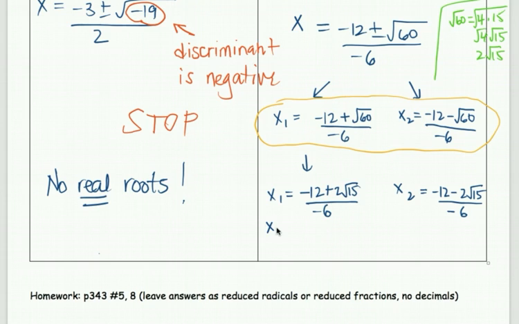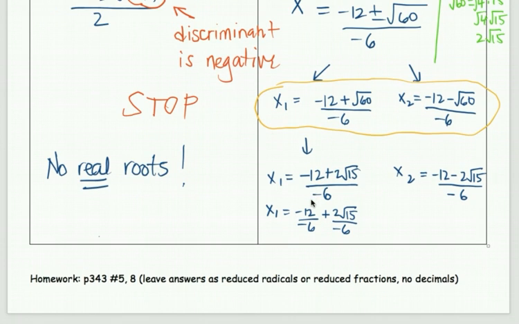Okay, so the negative 6 is underneath both of them. For this one here, you'll get positive 2, and then here it'll become negative, and then this reduces to 1 over 3, which you can write like that.